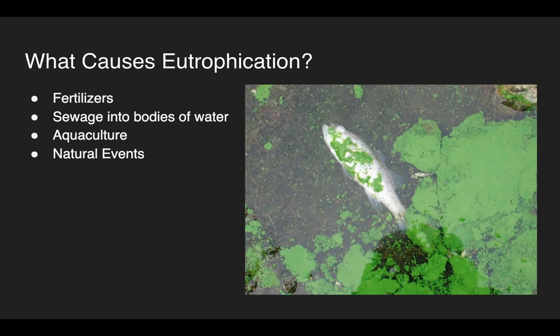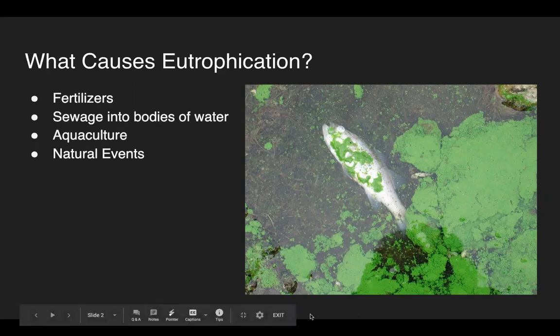A large portion of eutrophication is caused by fertilizers, and more specifically, the nitrates and phosphates in fertilizers. Agricultural practices such as fertilizers on lawns, golf courses, or other fields contribute to phosphate and nitrate nutrient accumulation.